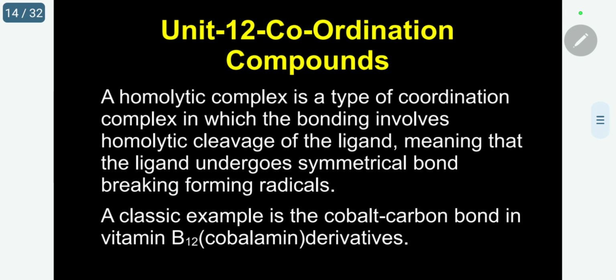A classical example is the cobalt-carbon bond in vitamin B12, the cobalamin derivative.